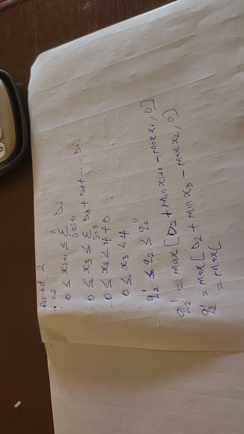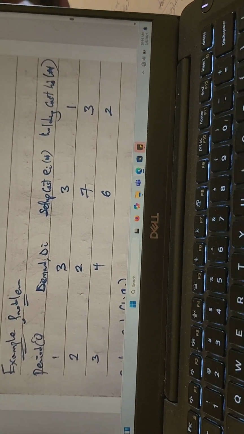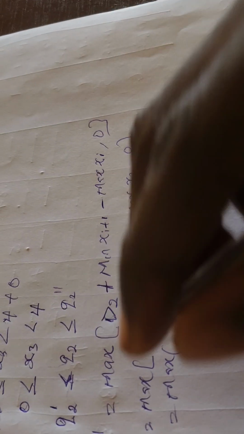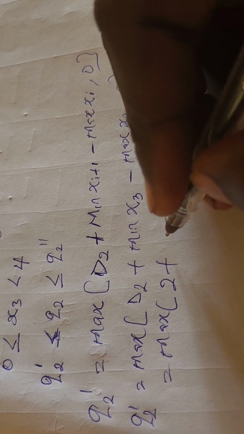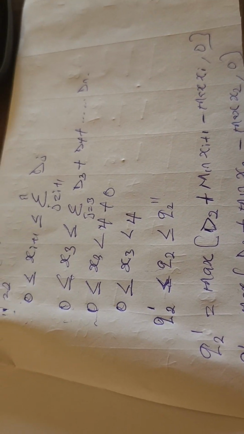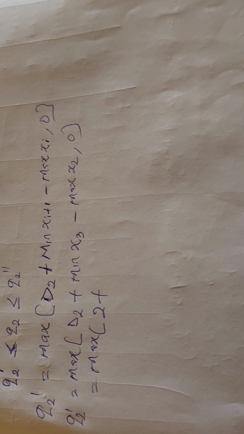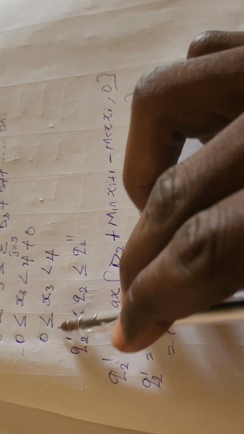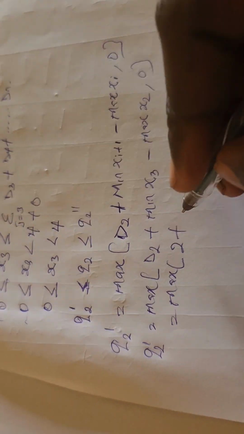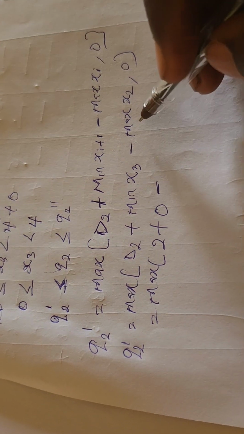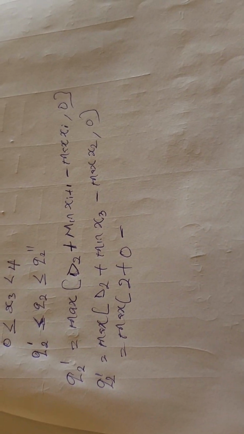What's our d2? Our demand for period 2. Hold on, please. The demand for period 2 is 2. So it will be 2 plus the minimum of x3, which from what we actually got here is 0, minus the maximum of x2. Of course, we obtained that earlier.